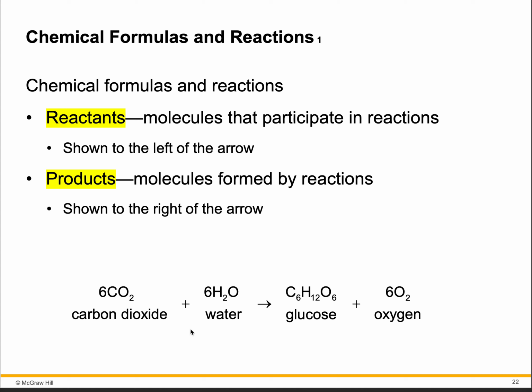CO2 and water are the reactants, and we call this little arrow yield. So the reactants yield these two products, glucose and oxygen. Just remember the two parts of the formula, the reactants and the products.